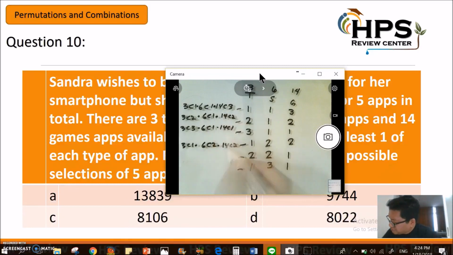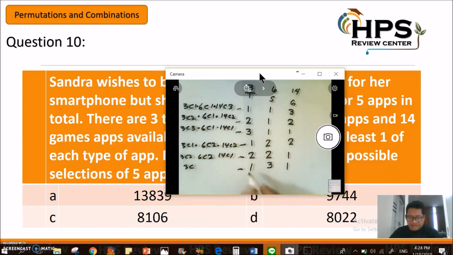So 1, 2, 3, 4, 2 more. 3C2, 6C2, 14C1. Actually, you can just write 3 on here, but I just want to be consistent. That's why I keep on using the combination symbol. So 6C3 over there and 14C1.